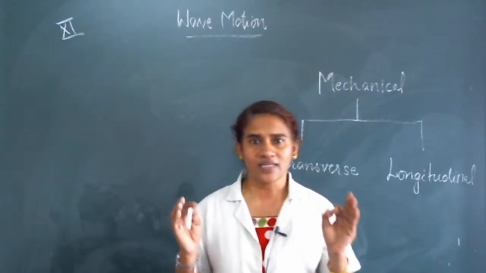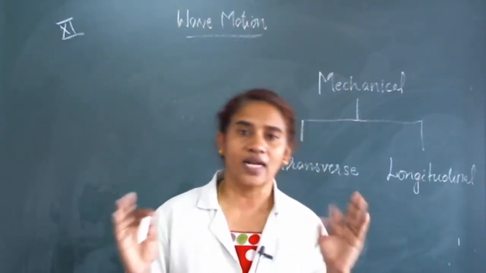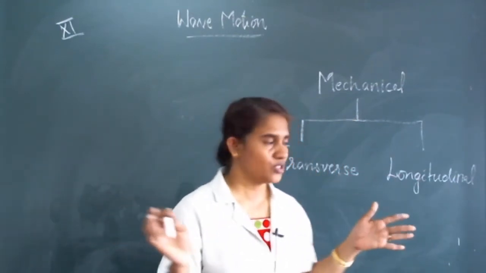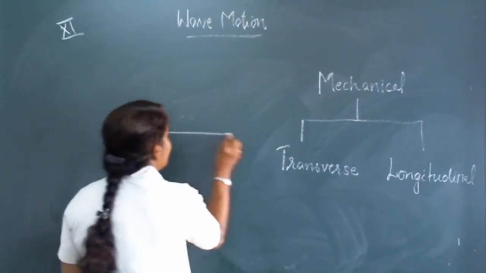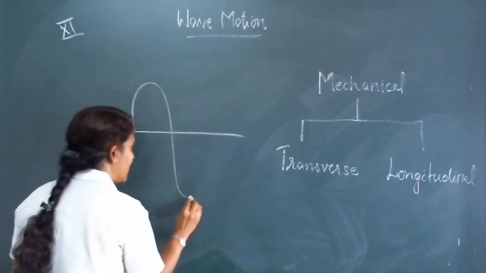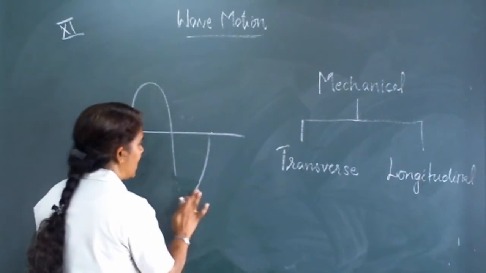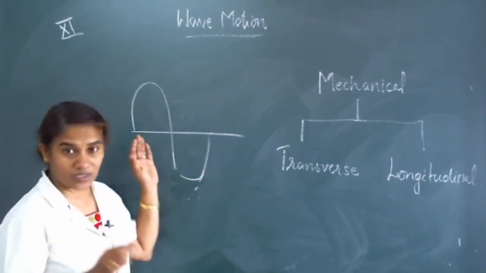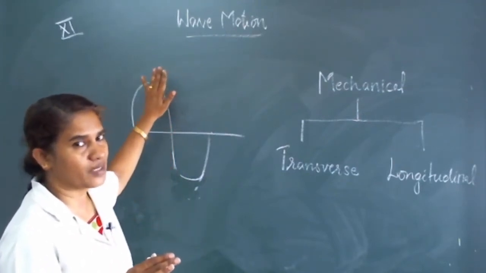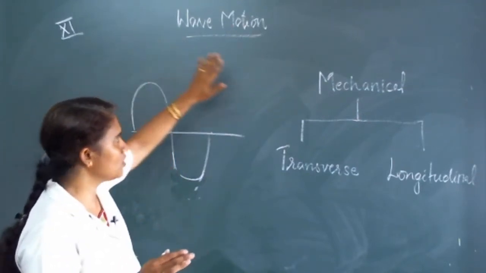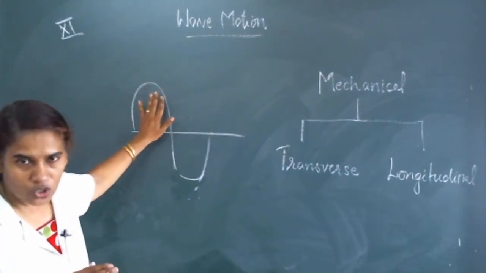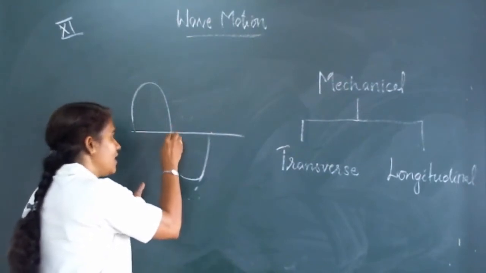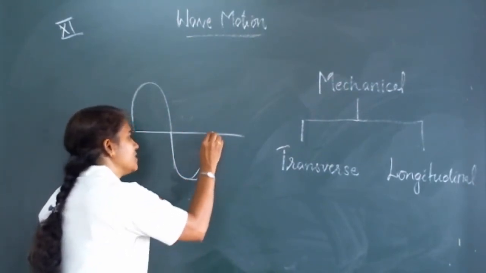Whether it is compressions and rarefactions or crests and troughs, what is happening? Amplitude-wise it changes. Generally a wave can be represented by the change in amplitude. From the mean position the displacement is changing, and the maximum displacement is called amplitude. Generally we can represent the wave like this.